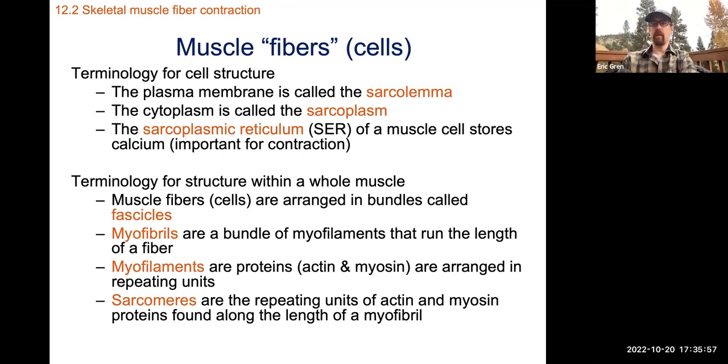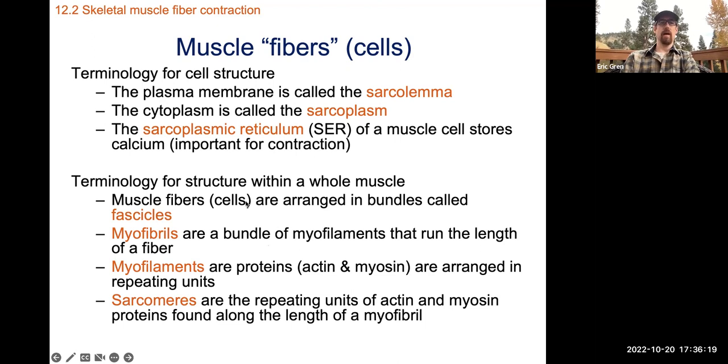And then the endoplasmic reticula in a muscle cell has a special name that's called sarcoplasmic reticulum, and it has a slightly different function in muscle cells than we saw in the general animal cell that we talked about the first week or two of class. Okay, so we'll get back to that here in a couple of slides. This should be a review from Wednesday.